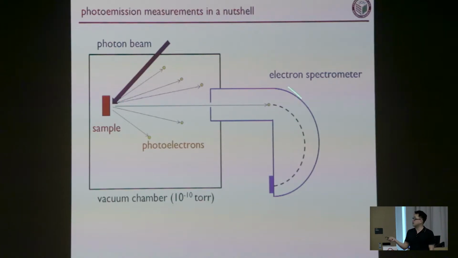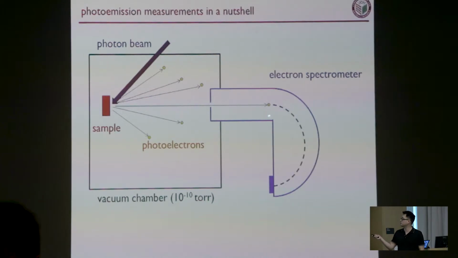Then you have some spectrometer, and basically it's just collecting electrons. You have a pair of hemispherical detectors, which I'll show on my next slide. It's basically an electrostatic lens that allows you to measure the energy and momentum of the electrons. The simplest way to think of it is to imagine a pinhole.